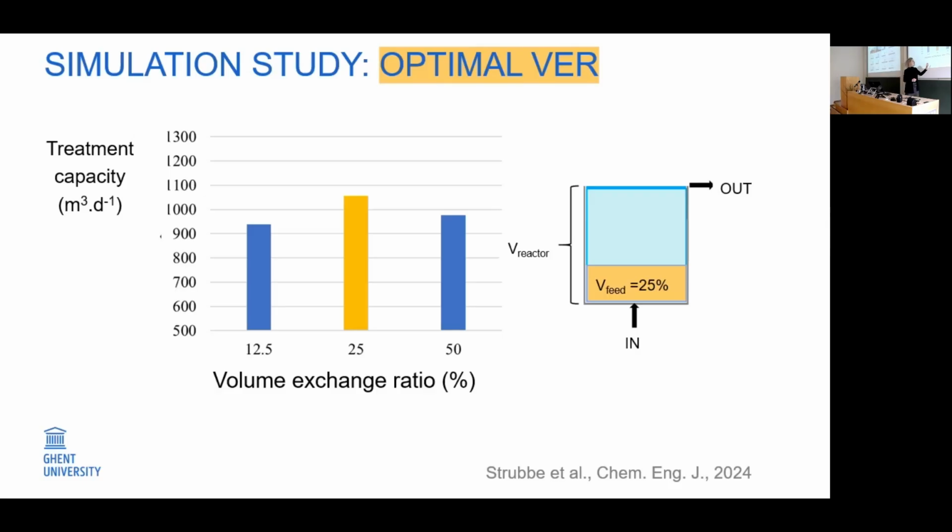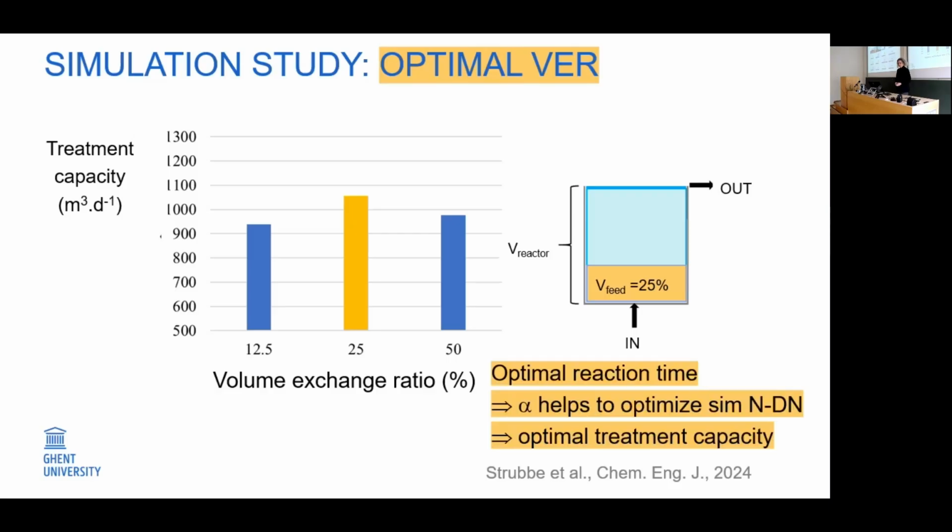If the volume exchange ratio is too high, you have a relatively slower increase of the aeration efficiency over the cycle. And that leads to this optimal volume exchange ratio. So all of this information helps to optimize the performance of the reactor and to find the optimal treatment capacity.